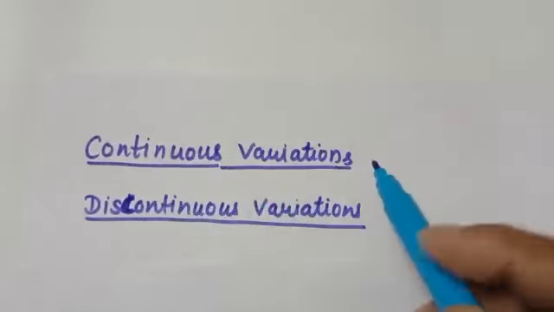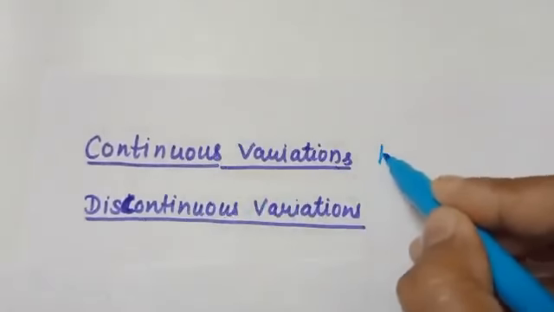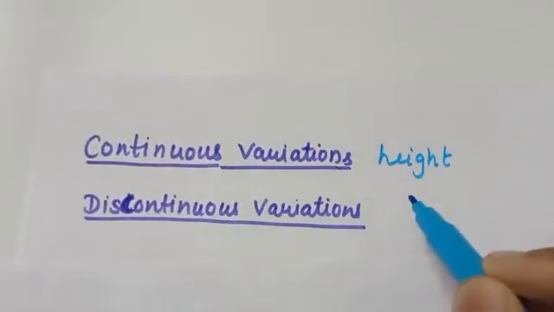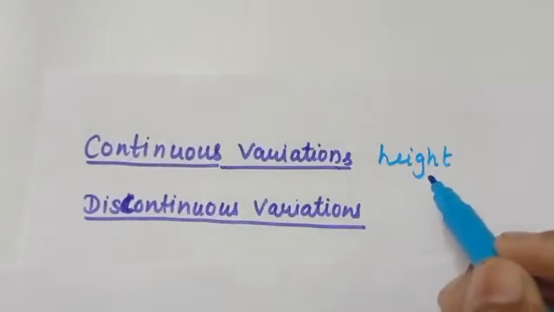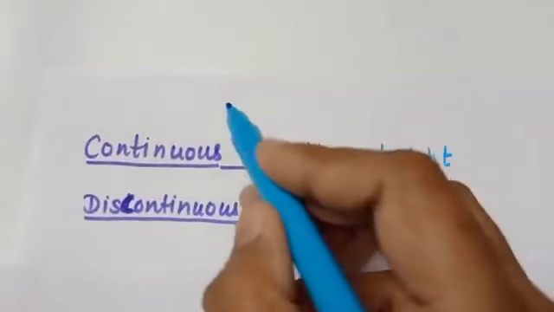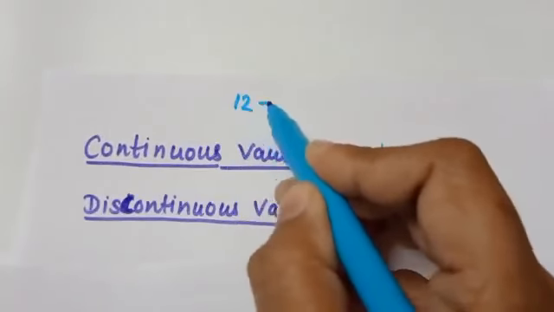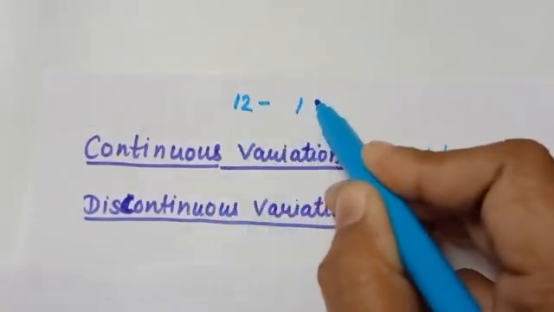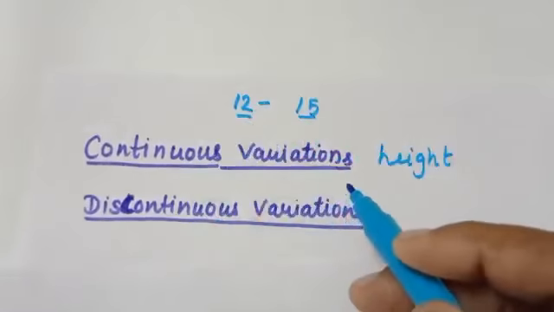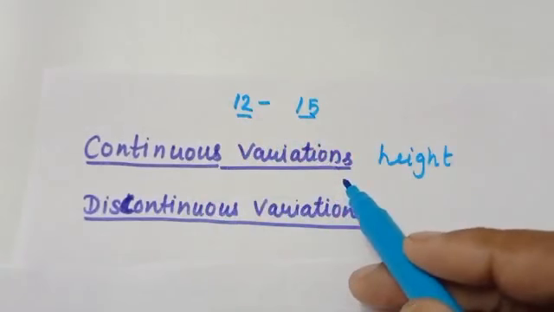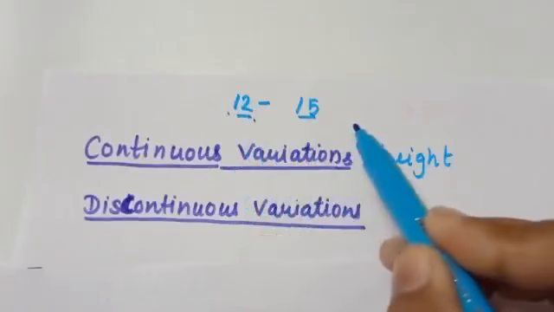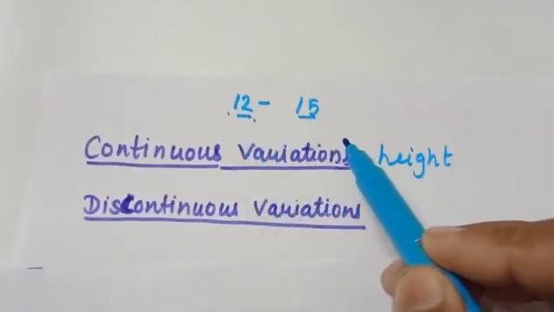For example, let us take height as the major concern. If we measure the height of all the students of a particular age group, let's say 12 years, let's say we measure the height of 15 students of the same age group, then while measuring the height we will find that in the same age group we have different heights.